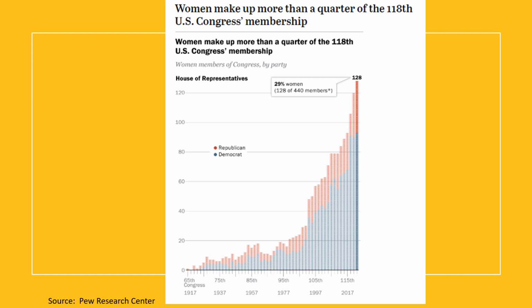We've seen that both for Republicans and Democrats, there's been a significant increase since the 1930s, 40s, and 50s in the number of women who are seeking and securing seats in the U.S. House of Representatives. Now, one of the reasons why we see this significant change is there has been a significant increase in the number of women running for these seats.